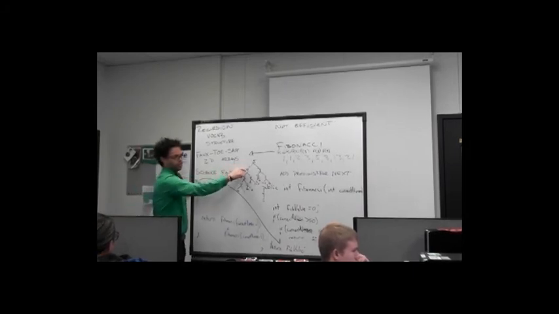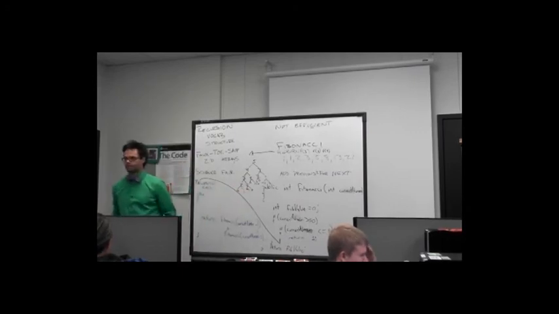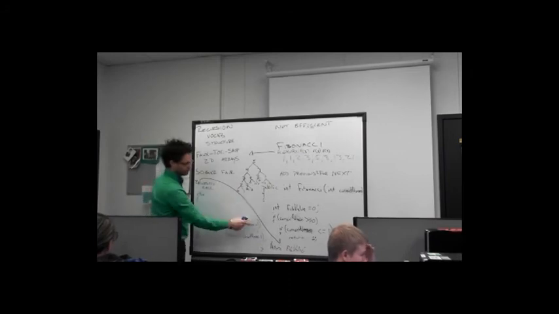So calling fib on 5 calls fib on 4 and 3, which call fib on 3 and 2 and 2 and 1, and so on. So Fibonacci, as a recursive method, will call this. Boom, boom, boom, boom, boom.